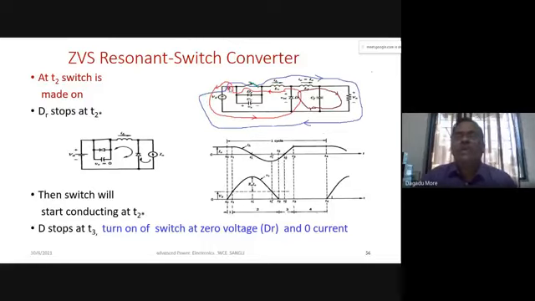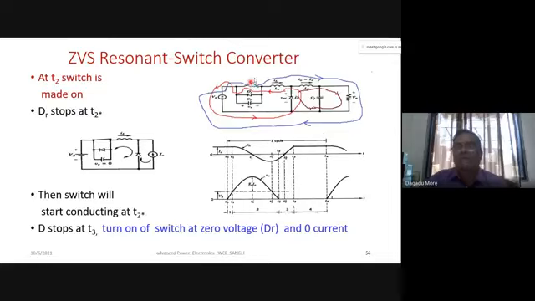We have shown it here. The switch will be turned on at zero voltage. But now our current flowing will be in the negative direction. Though the voltage becomes zero at T2, we can turn on the switch at T2.